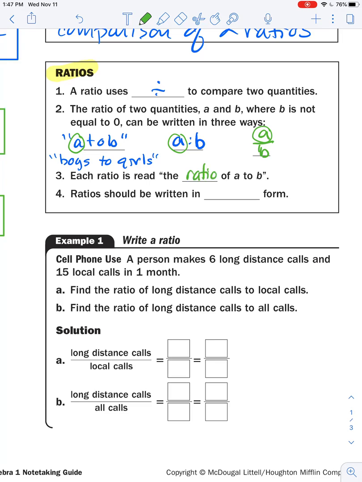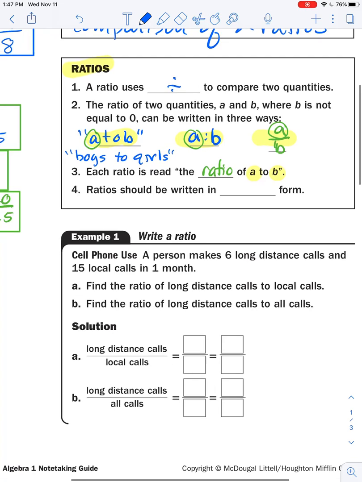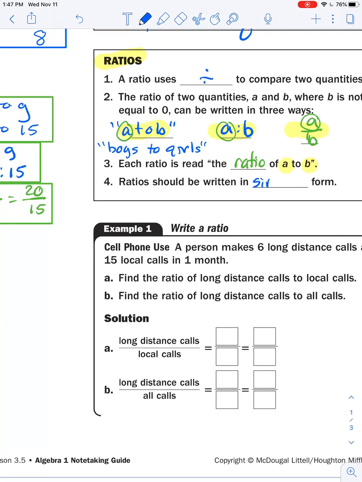Each ratio is read as the ratio of A to B. So pay attention when you're doing these to what came first and what came second, because that's going to be important when you go to write them in these three forms, that you put them in the proper order. So pay attention to that part.